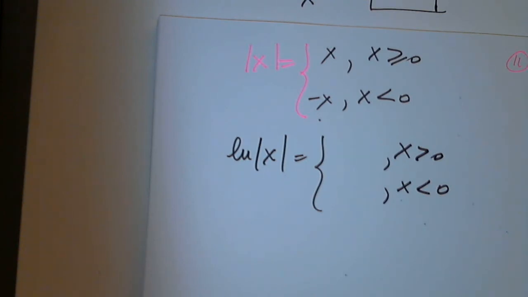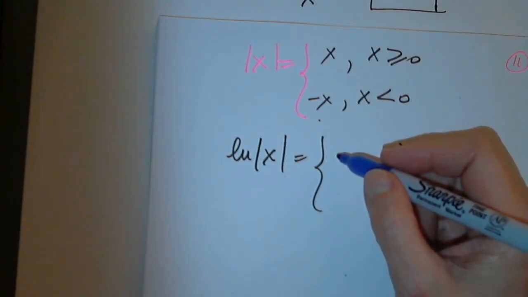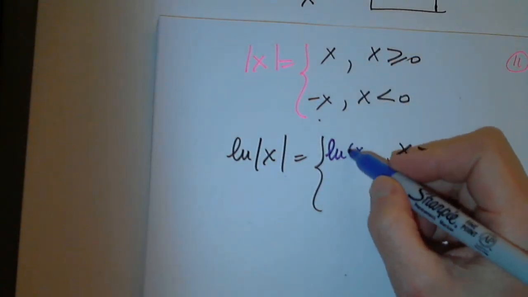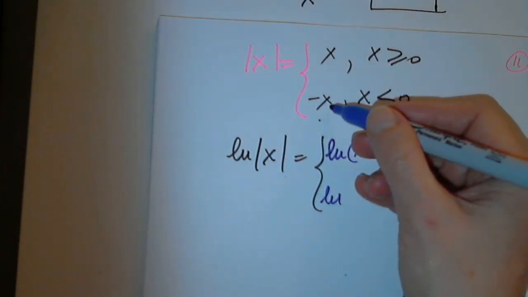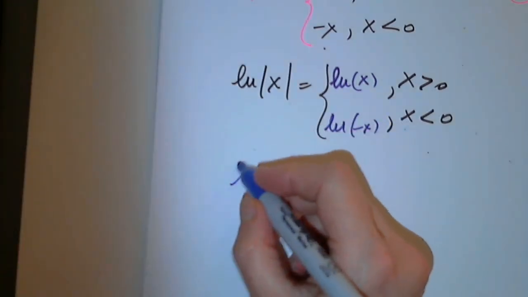Okay, so then what are the options for this function, the natural log of the absolute value? Very good. So now I would like to differentiate this function.